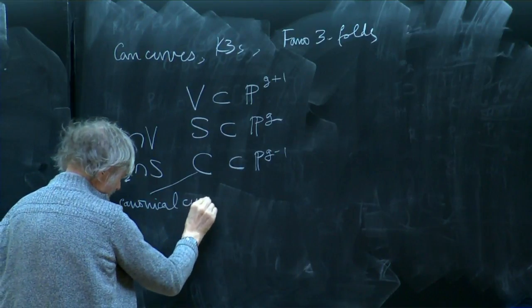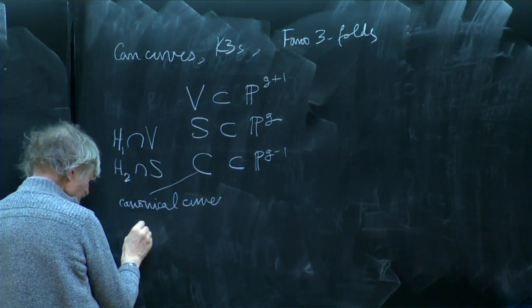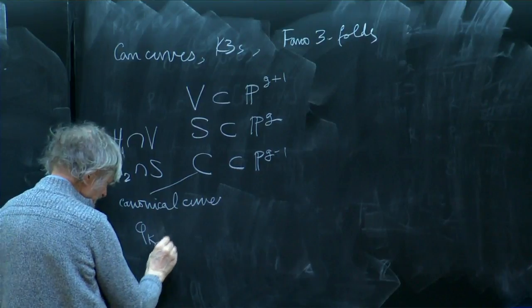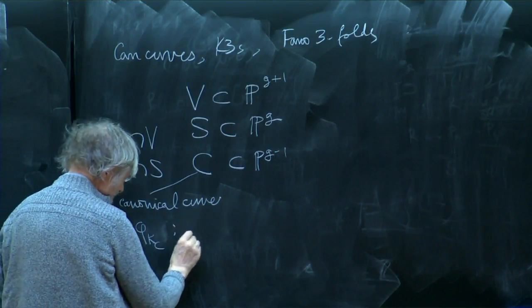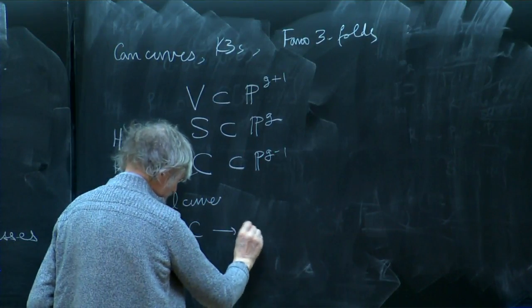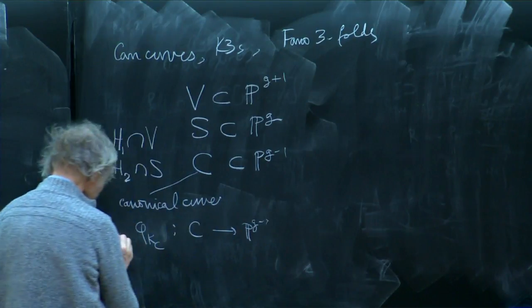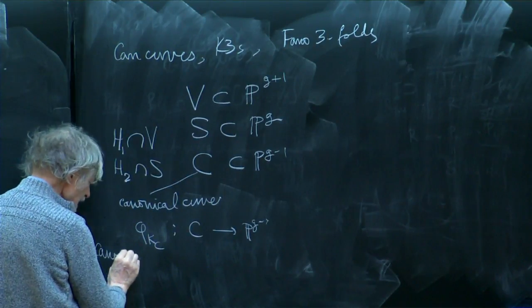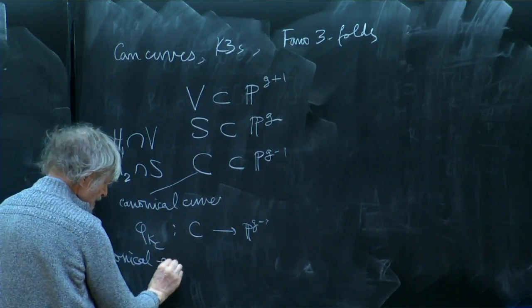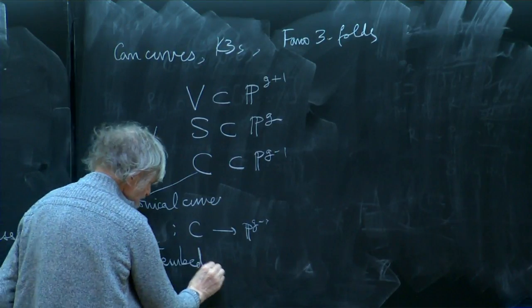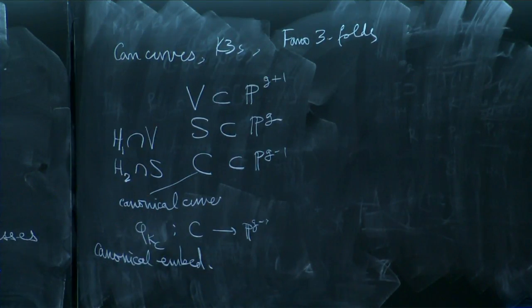So this is the map phi_K_C from C to P^(g-1), the canonical embedding of a non-hyperelliptic curve.